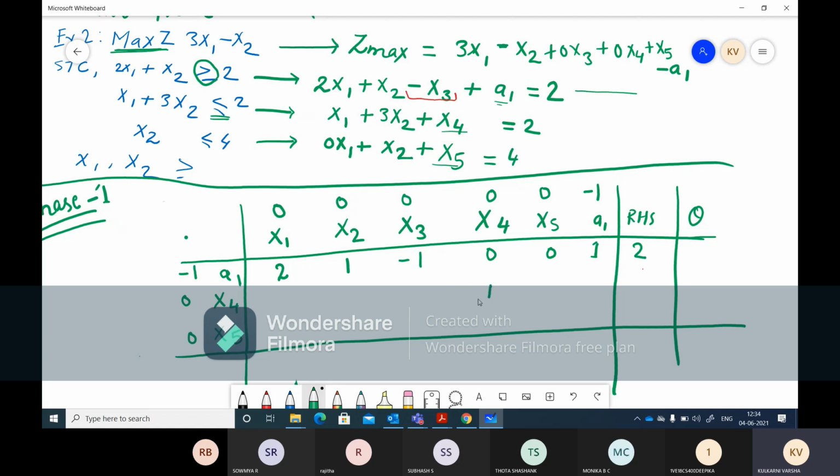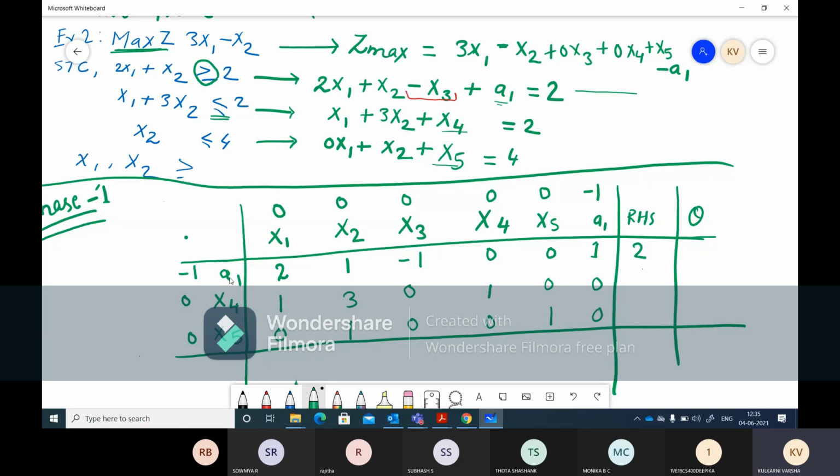So for x4 it is 1. For this, 1 and 3. For the remaining, there are no remaining variables, so it is 0, 0, 0. And next, we don't have x1 in the third equation, so it will be 0. x2 is 1, x5 is 1, and the remaining are 0.